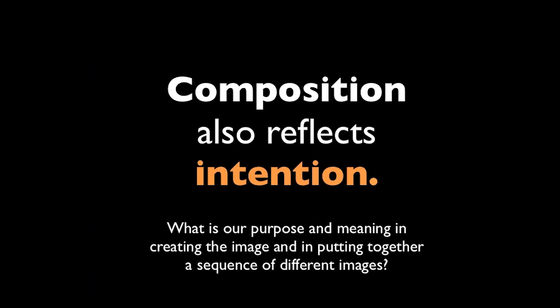Composition also reflects something else. It reflects our intention. Remember what I said about showing the audience only certain pieces of the scene? We're extracting from the scene a worldview, but we're also eliminating from what the audience is going to see a certain amount of that, and we're doing it so that we can control how the audience experiences that.